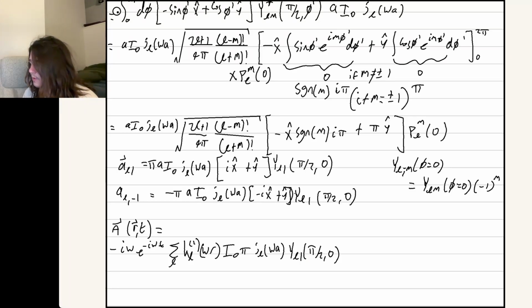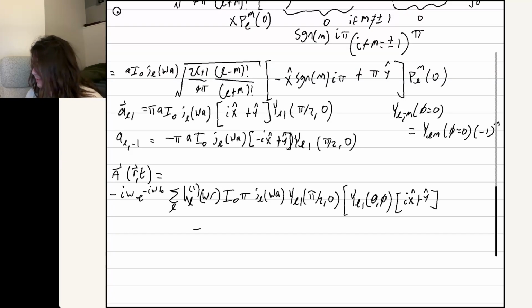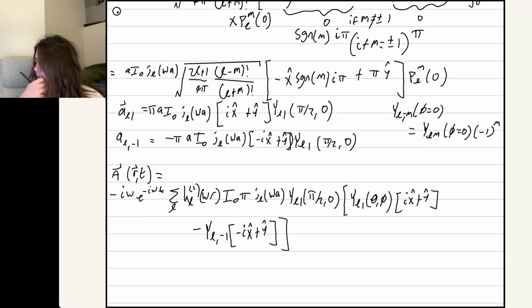And we have to sum over the m's, and then there's another spherical harmonic that we have to deal with. So we're going to have an m equals 1 term, where we have the spherical harmonic of theta and phi, times the i x hat plus y hat stuff, and also an m equals minus 1 term, minus l minus 1, minus x hat plus y hat. And then, yeah, that should be good.